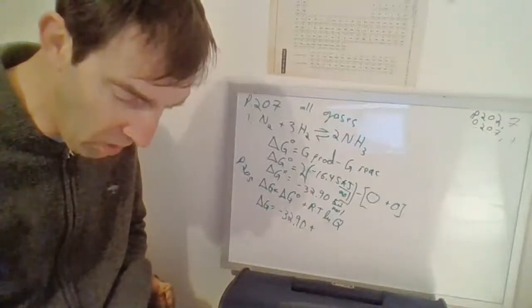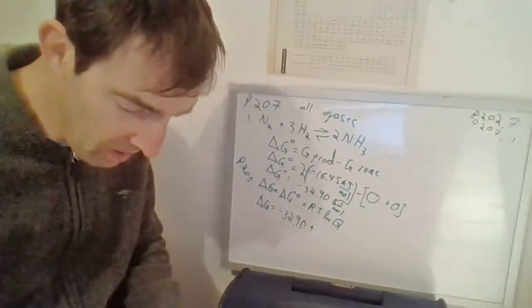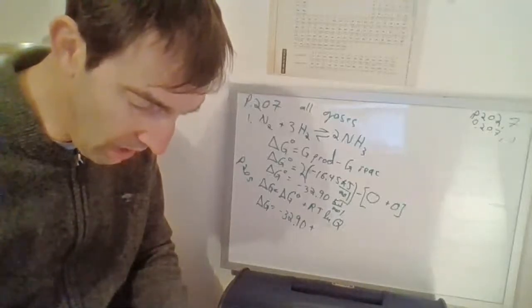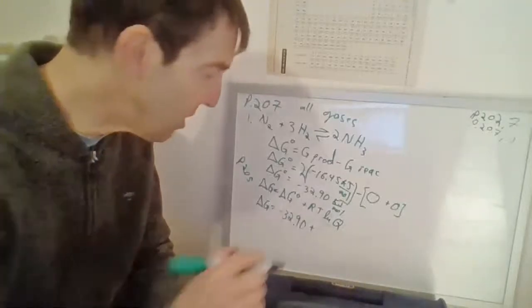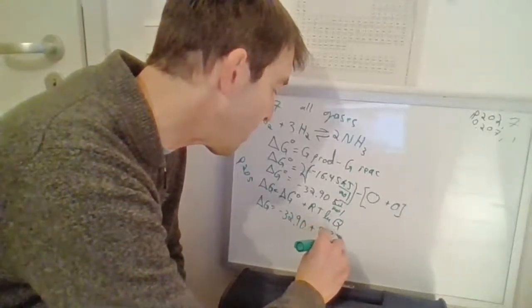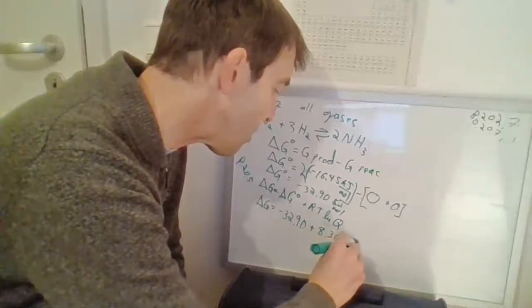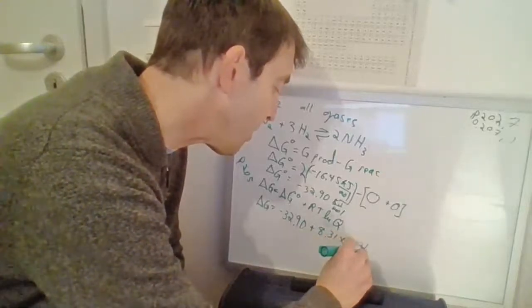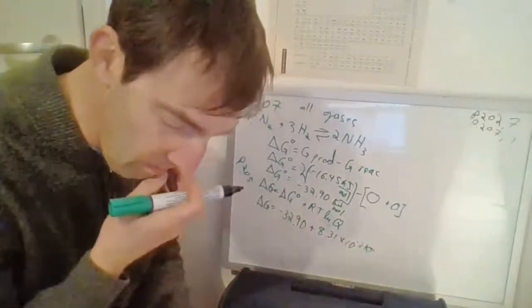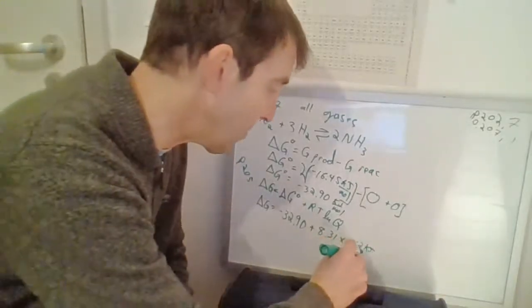I'm pretty sure I want it in kilojoules. So I got to go 8.31 times 10 to the negative third kilojoules per mole Kelvin.